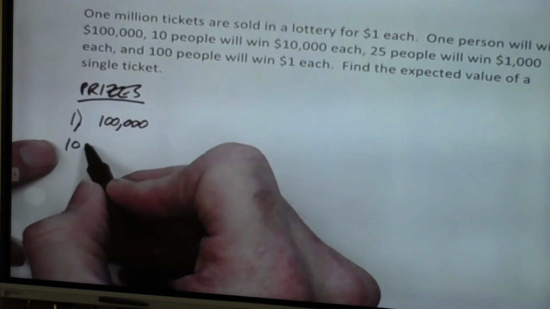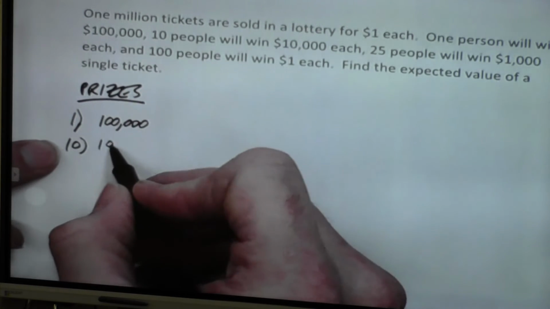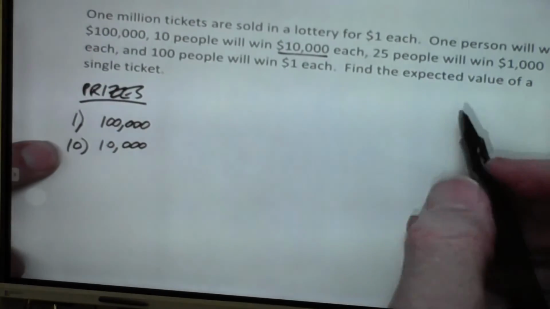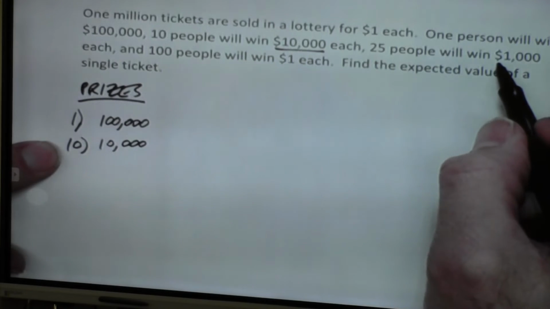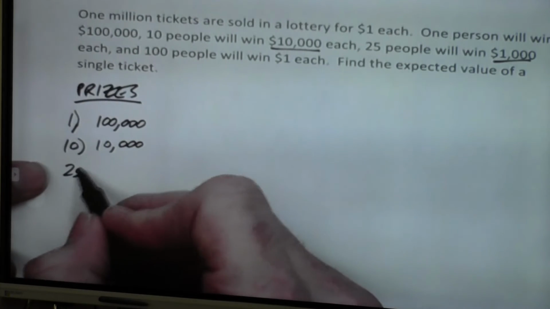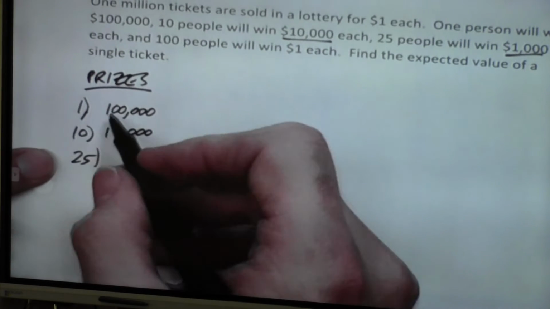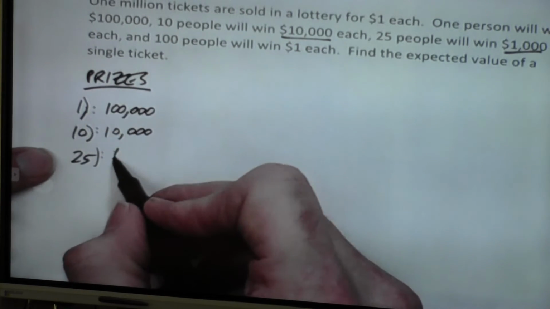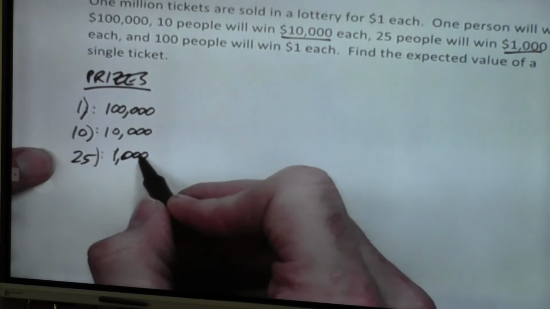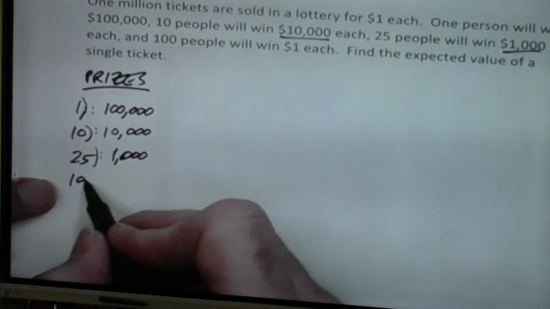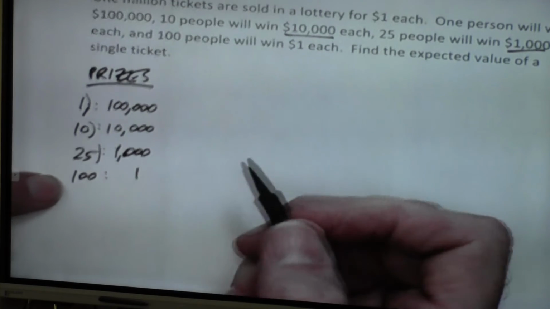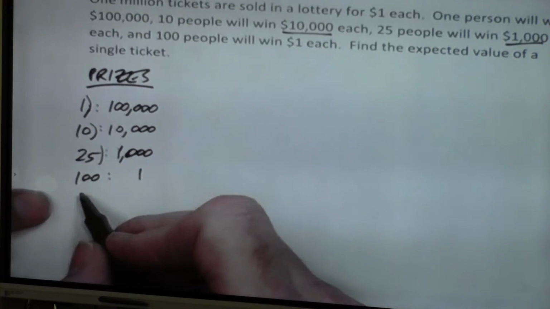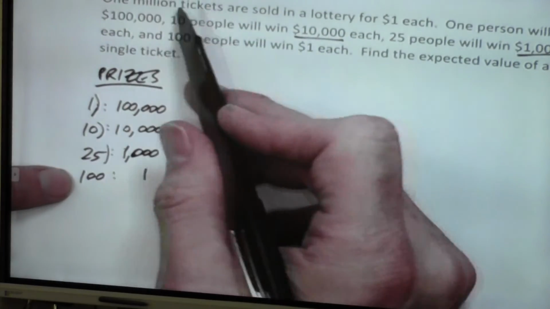There are 10 prizes that are $10,000. 10 people will win $10,000, 25 will win $1,000 each, and 100 people will win $1 each. So I guess they get the money back. And 1 million tickets are sold.